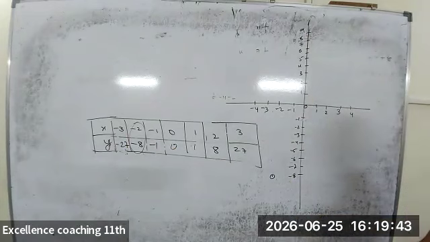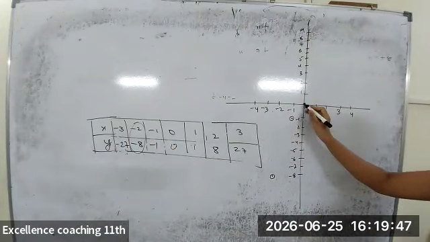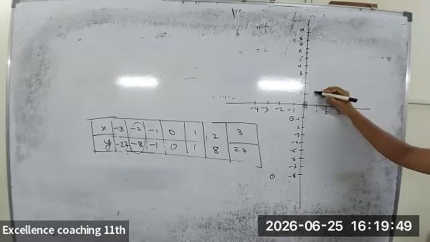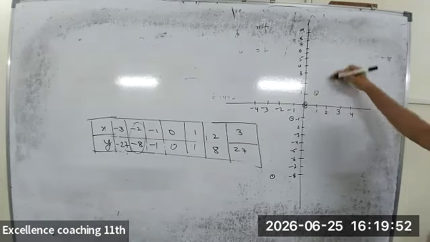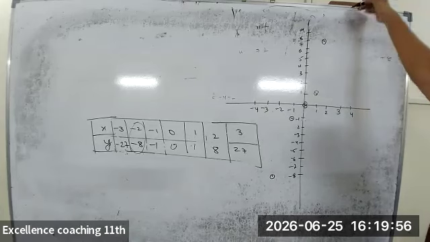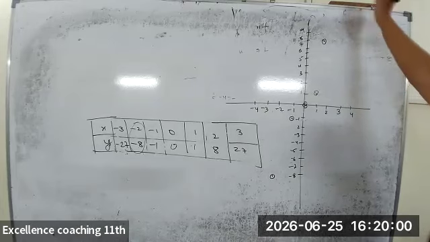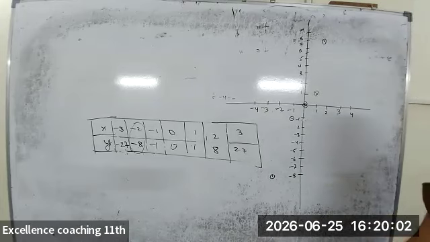Then -1 is -1, 0 is 0, 1 is 1, and then 2 is 8. And then 3 will be 27, quite high, and then it will continue.